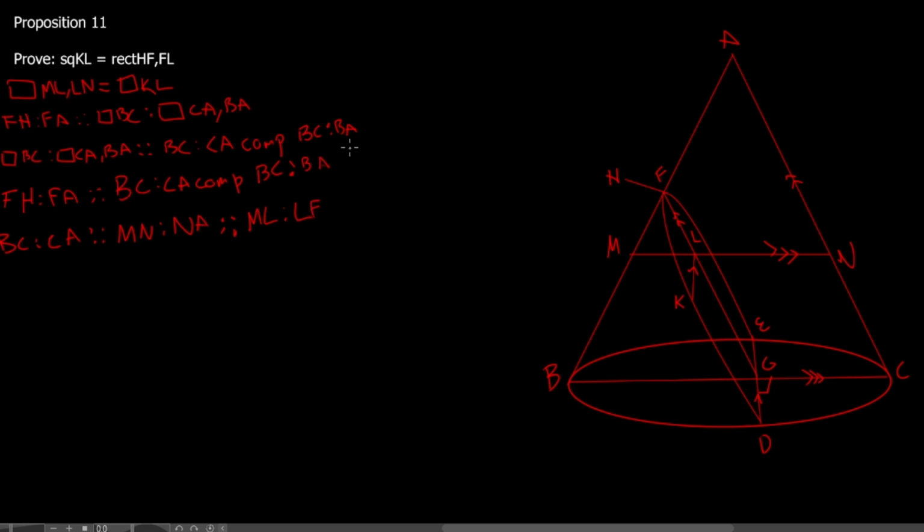Now let's think about BC to BA. So what could we substitute with this? Just write it out first. Well, with this triangle, we could substitute it with MN to MA. So let's do that. With this little triangle, we could do LM to MF.